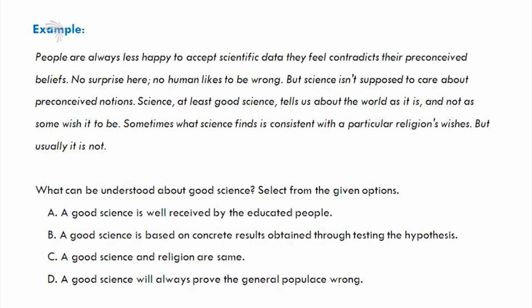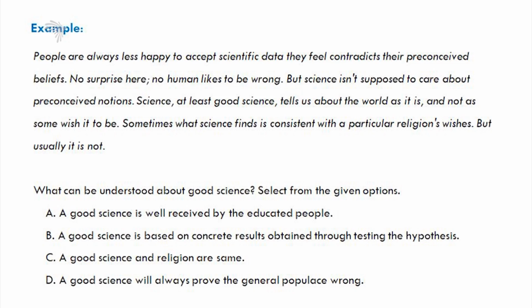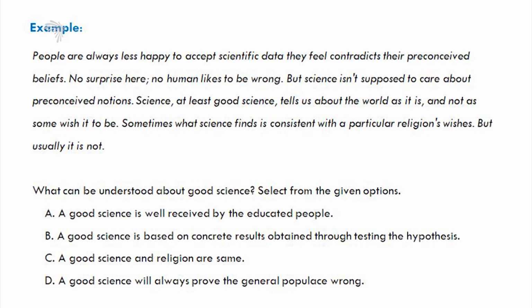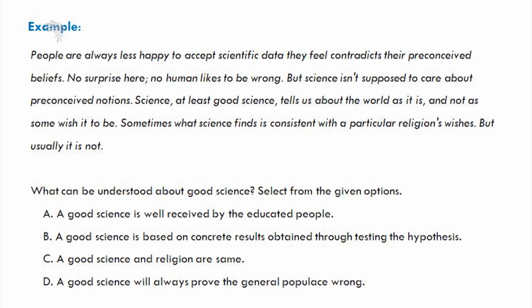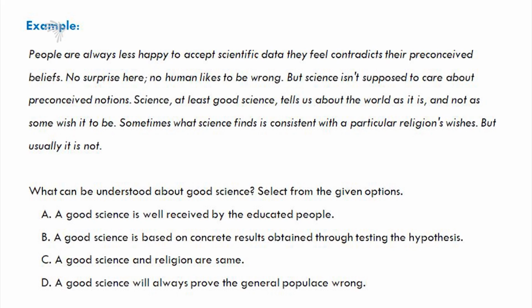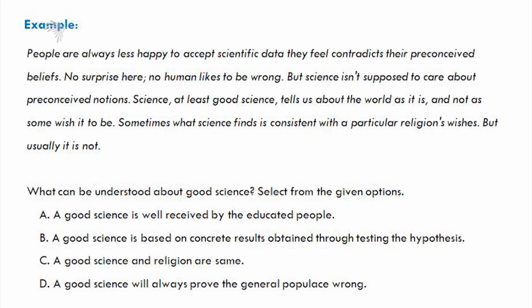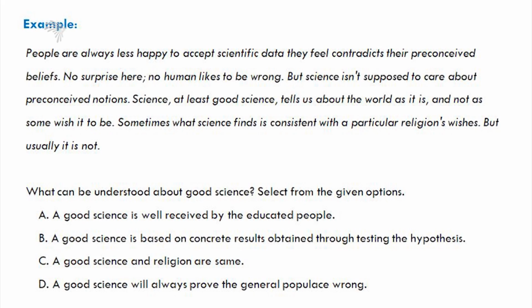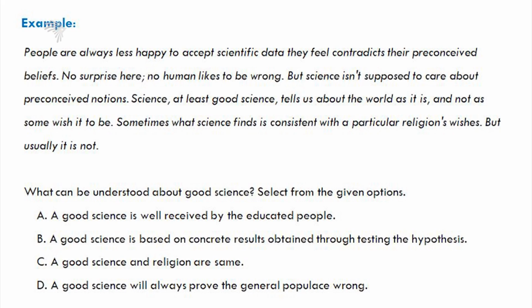Now, we can see that all these options try to draw conclusions, but A cannot be an answer because it's not about educated people accepting good science, but it is about the nature of science, what nature does and how it works. So B would be our answer because it talks about science being based on concrete results obtained through testing a hypothesis.